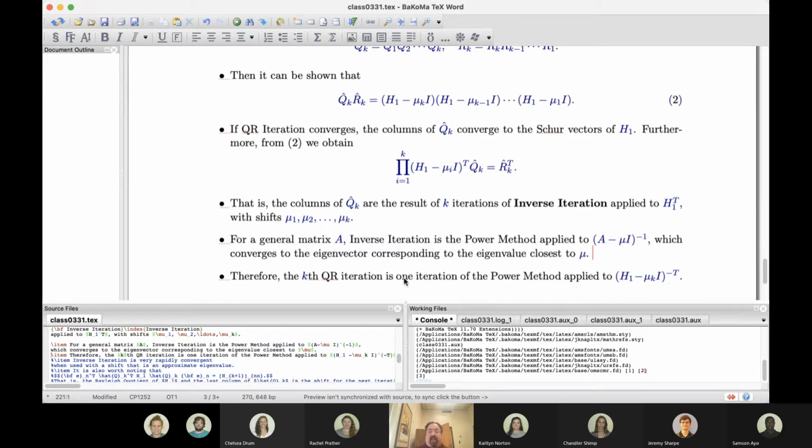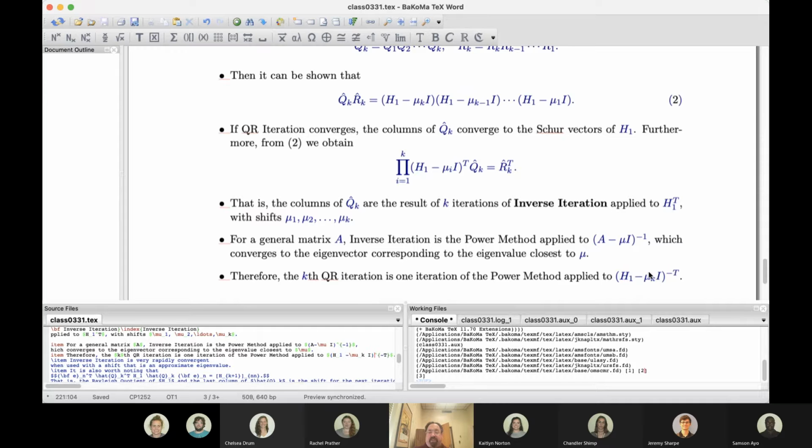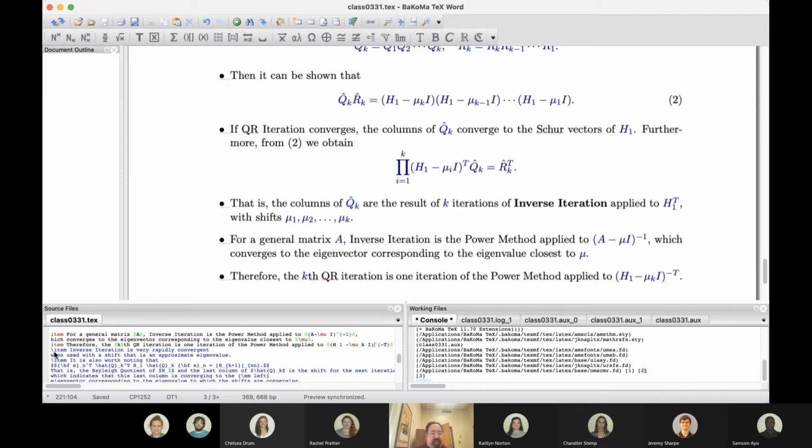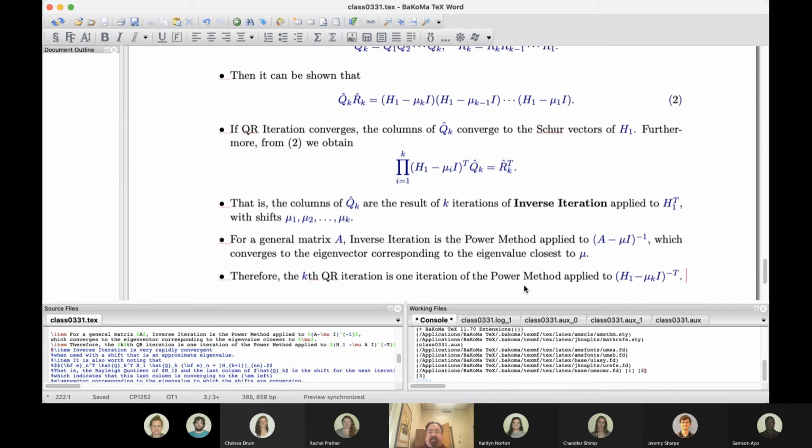So what this is saying is each QR iteration with these shifts is also, you could think of it as an iteration of a power method applied to this matrix where the shift is changing every time. So that would have the effect of finding eigenvalues that are close to your shifts.